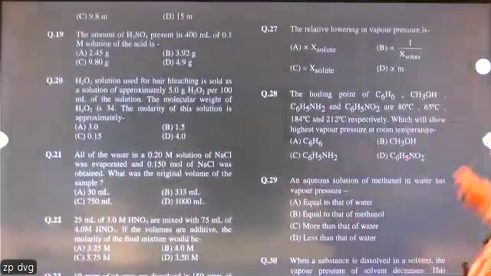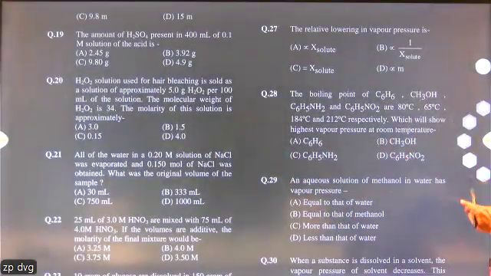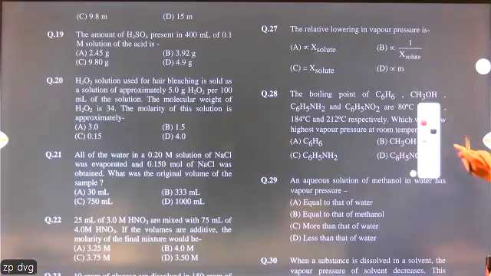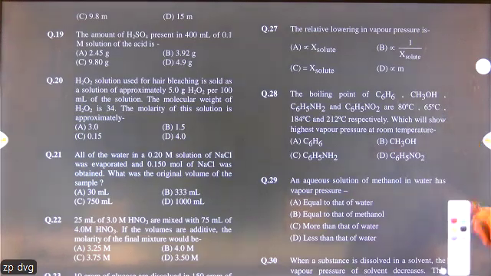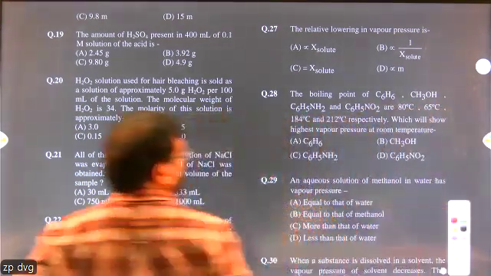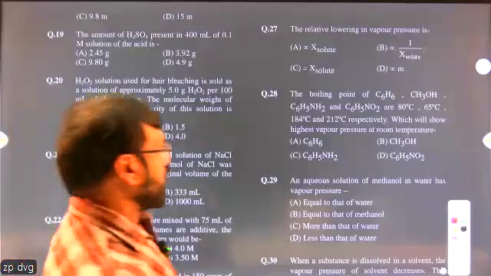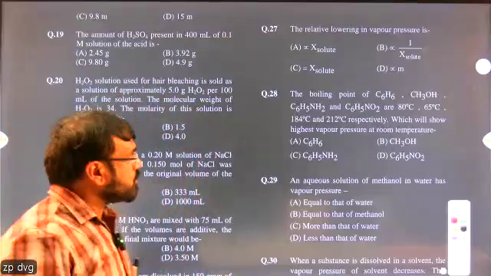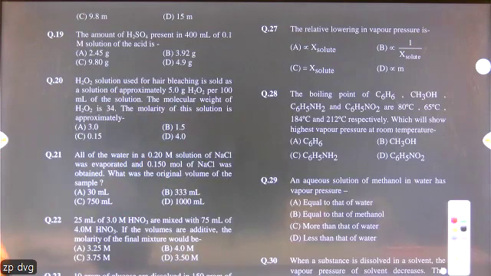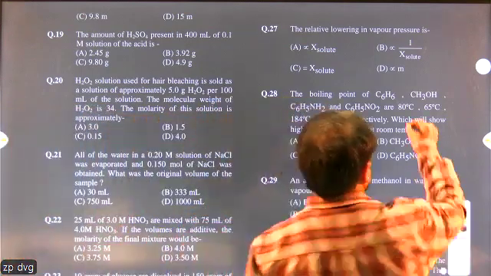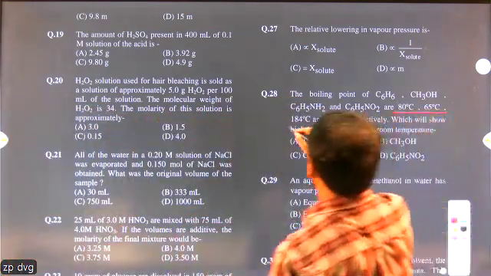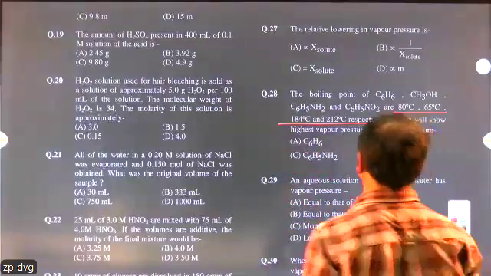Question number 28. The boiling points of benzene C6H6, methyl alcohol, aniline C6H5NH2 and C6H5NO2 are 80 degrees Celsius, 65 degrees Celsius, 184 and 212 respectively.